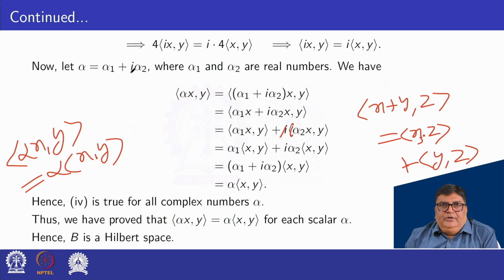Alpha 1 plus i alpha 2 is alpha, so this can be written as alpha into the inner product of x, y. Hence equation 4 is true for all complex numbers alpha also.